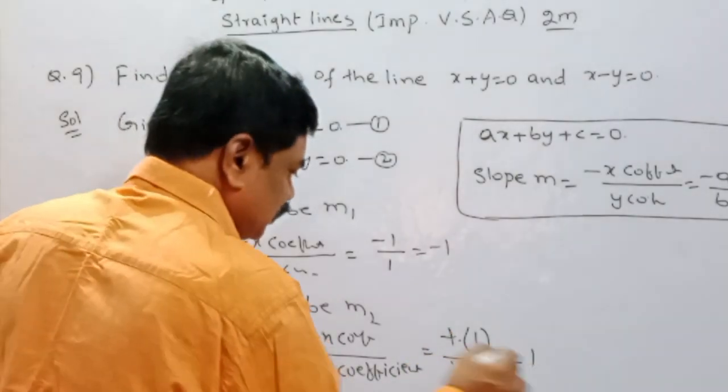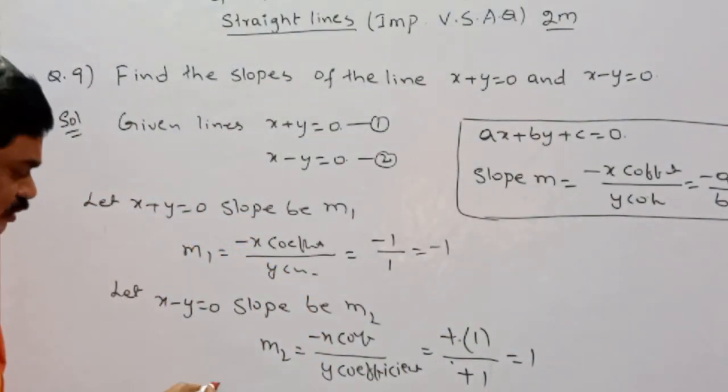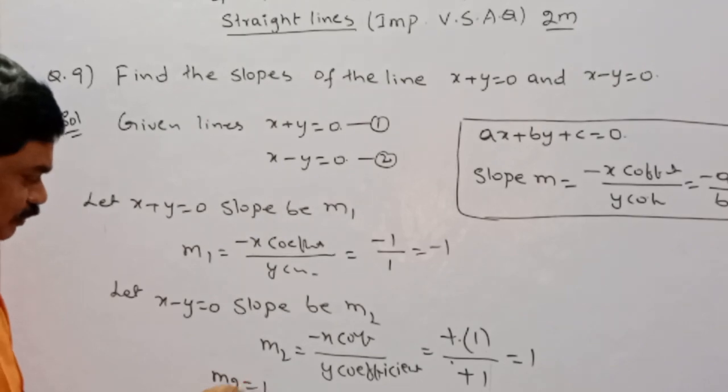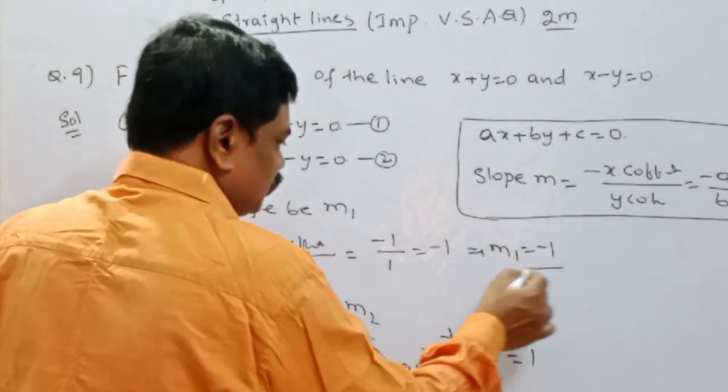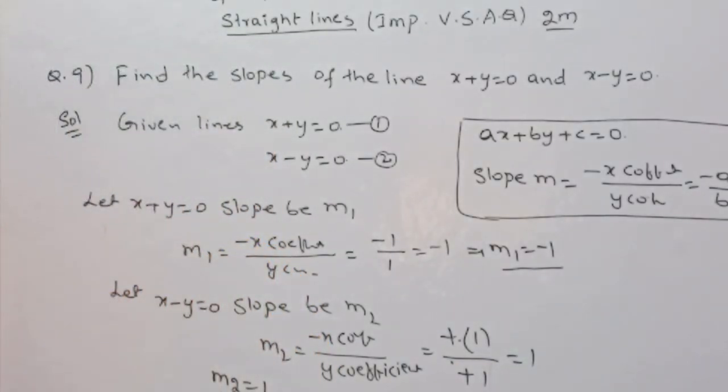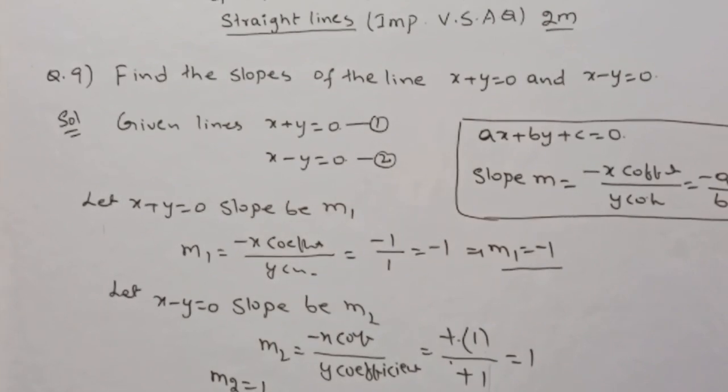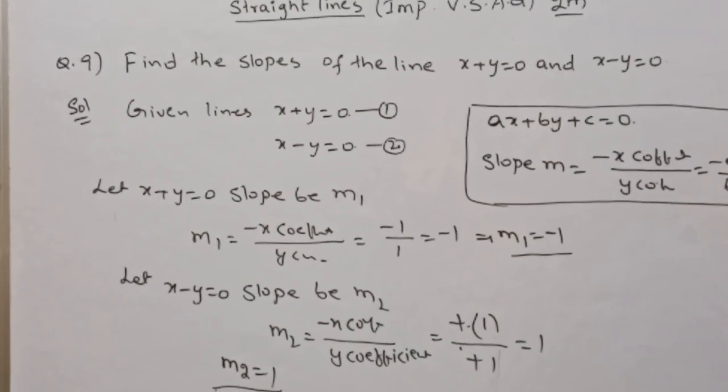Minus minus plus, so m2 equals 1, and here m1 equals minus 1. Okay, all of you. These are the slopes of the given equations x plus y equals 0 and x minus y equals 0. That's all.